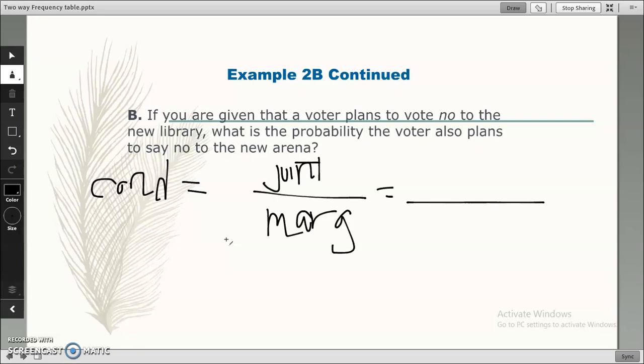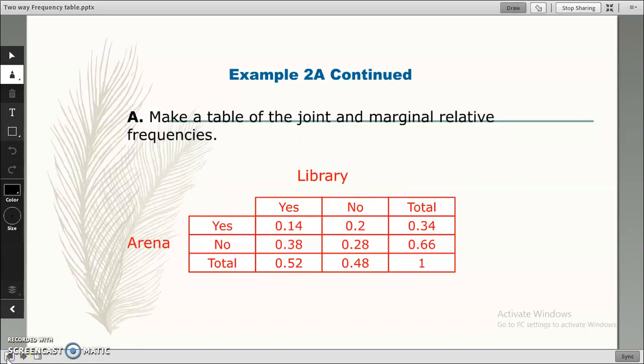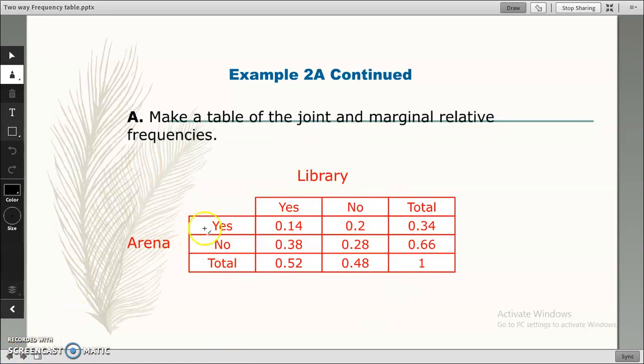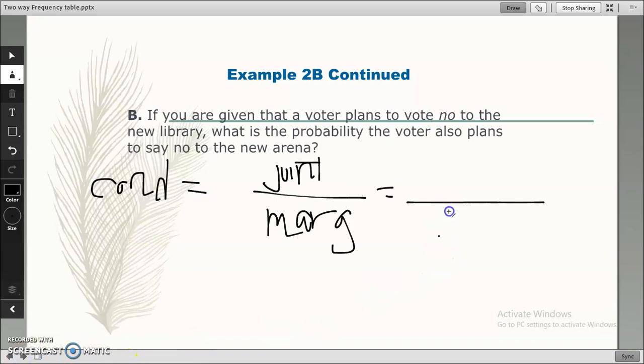So let's find it here. Voters plan to vote no on the new library. All right, so new library, they plan to vote no. So that is, people that are planning to vote no are 0.48. And that's my marginal, so that's going to go here.